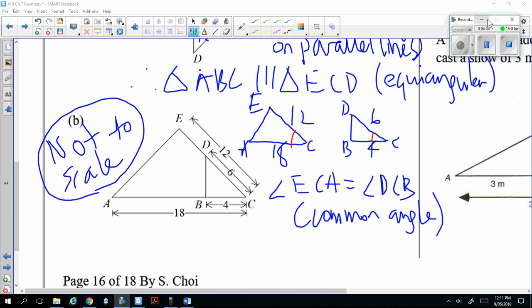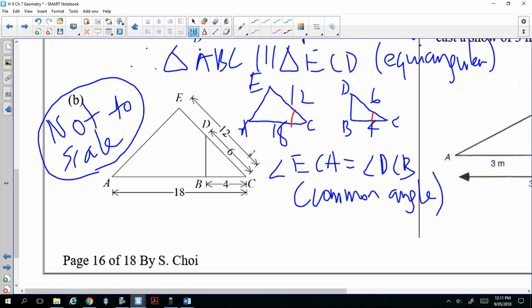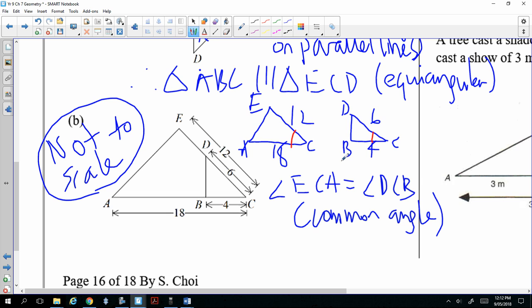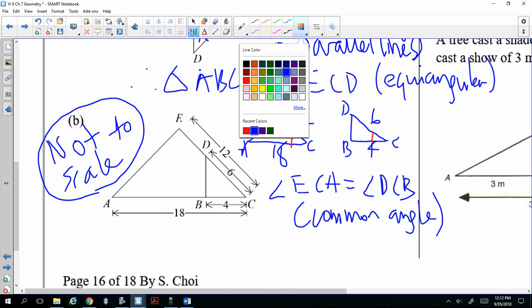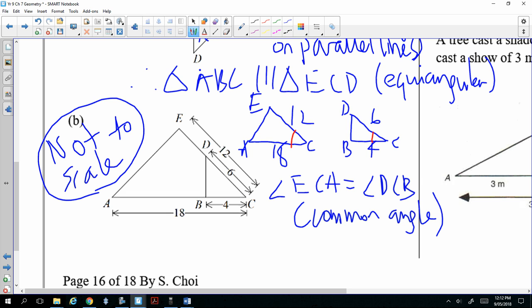Now we're going to find the sides. Now the sides are in proportion; we have to check that. To check this, we find the ratio of, now which side will match with EC? EC and BC, because the short one matches with the short one.